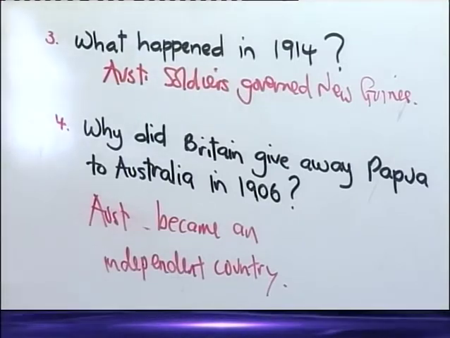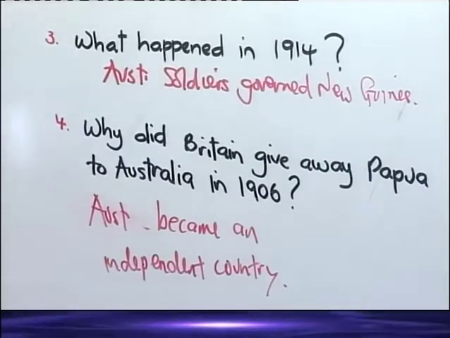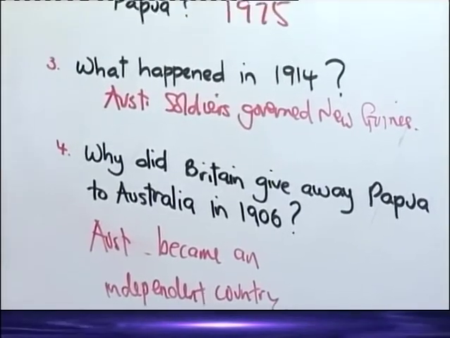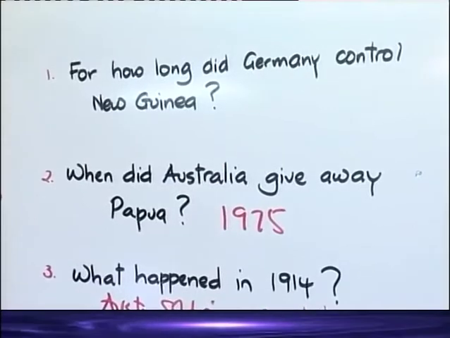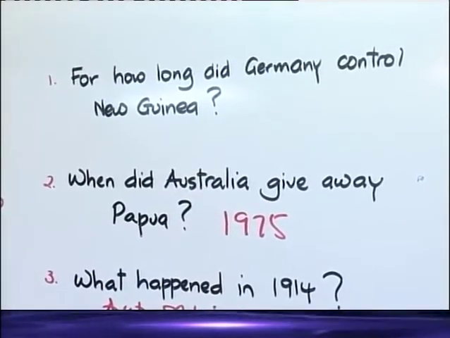All right, back to number one again. For how long did Germany control New Guinea? Let me give you a hint. In 1884, Germany established its government in New Guinea.